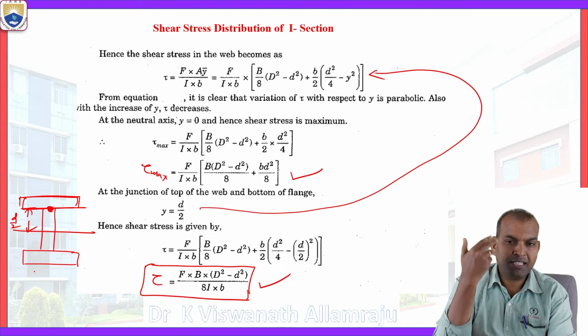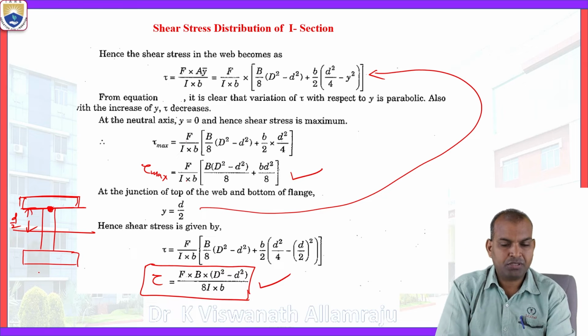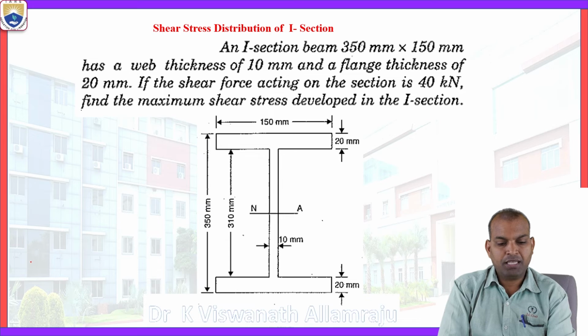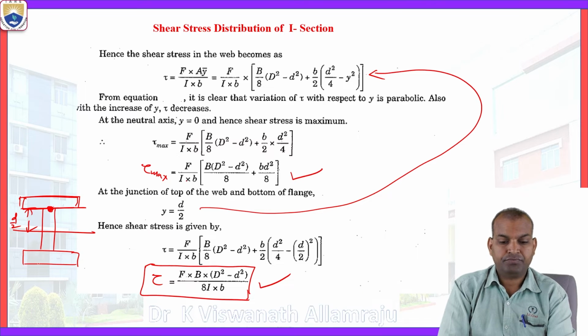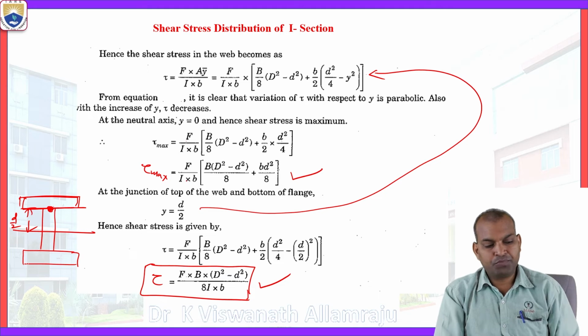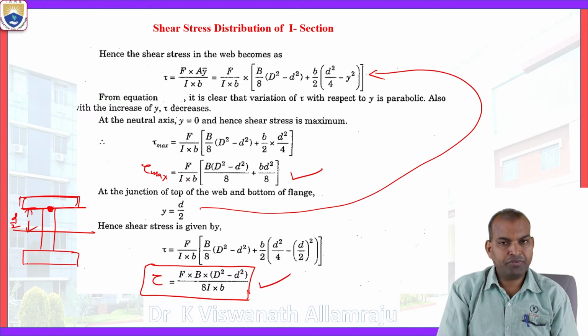Now we want the extreme, at the top of the flange. Substitute small y equal to capital D by 2. Then you can observe what the variation of the shear stress at the top of the flange is. In that manner, we can observe the variation of the shear stress across the section of the beam. Here the section of the beam is an I section.